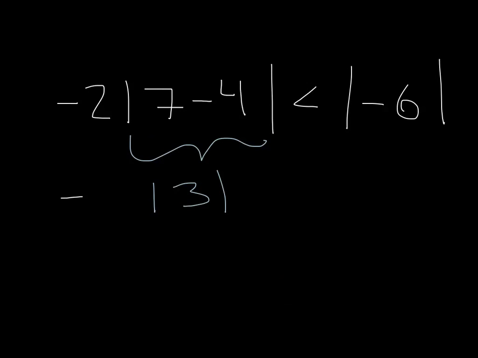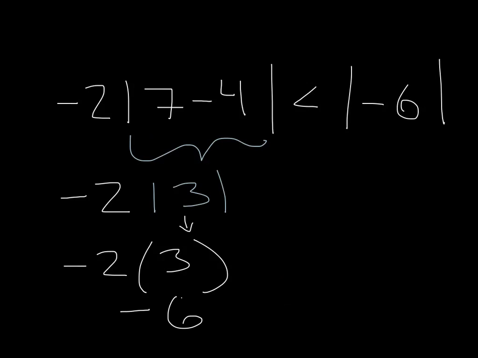So we have negative 2 times the absolute value of 3, which gives us negative 2 times 3, right? Be careful that this is not positive 6, rather it's negative 6, because the absolute value of 3 gives us 3. Negative 2 times 3 is negative 6.